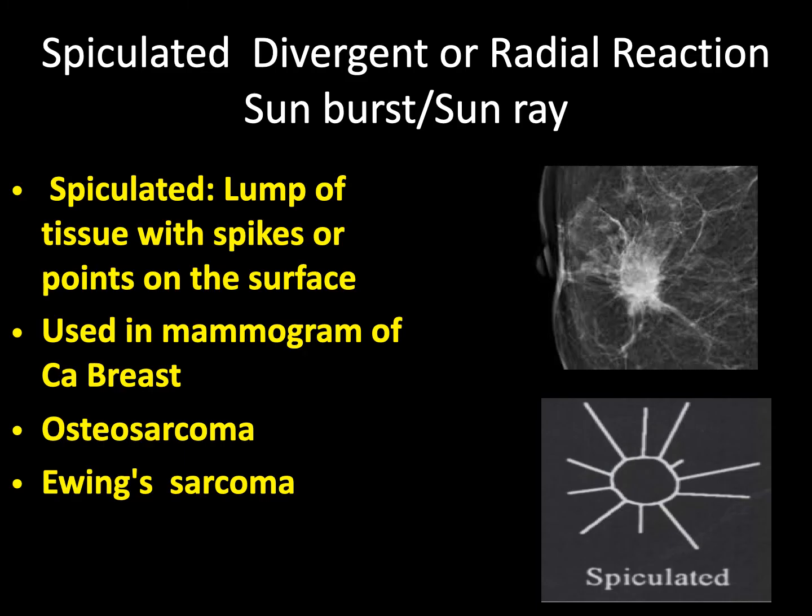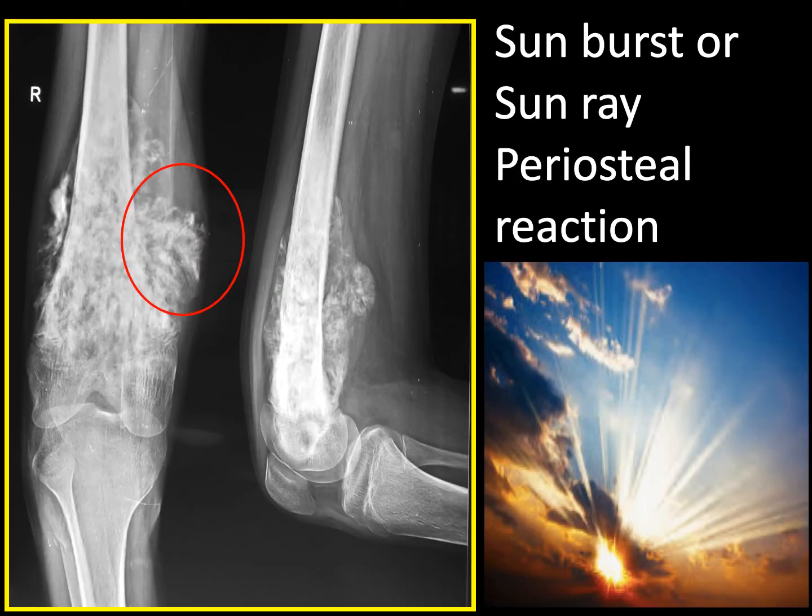Next, periosteal reaction includes a spiculated divergent or radial reaction, that is sunburst or sunray type of periosteal reaction. On the right side we can see a mammogram in a case of CA breast. It's similar to the mammogram, and this type of periosteal reaction is commonly seen in osteosarcoma and Ewing sarcoma.